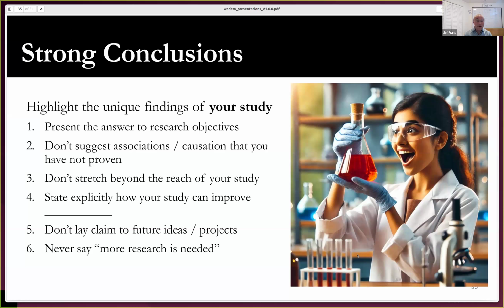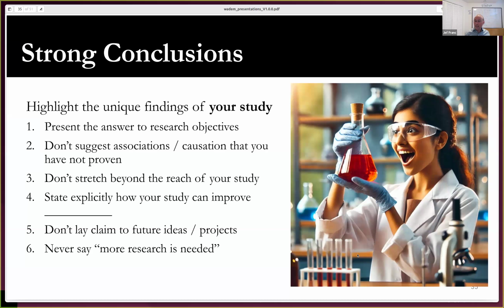Okay, so if you looked at the original poster that I showed you from Francesca Virginella with the validity and reliability of the new triage tool. So the conclusions, as she wrote it, answered those objectives.